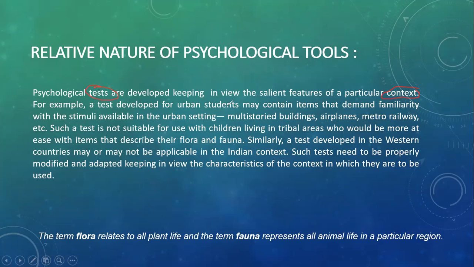For example, a test developed for urban students may contain items that demand familiarity with the stimuli available in the urban settings, that is multi-story buildings, aeroplanes, metros, railways, etc. So what he is saying is that psychological tests are context based. What context? Urban.